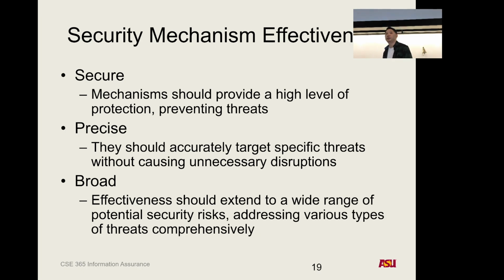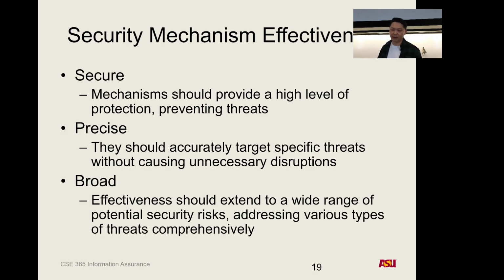How can I measure the effectiveness of that mechanism? We can get a security product from a third-party company, like a vaccine or a firewall or any other thing. But how do we measure the degree of quality of the product? These three aspects give us that measurement. First, secure. Second, precise.